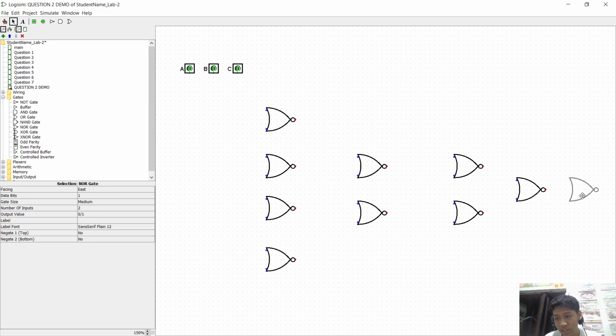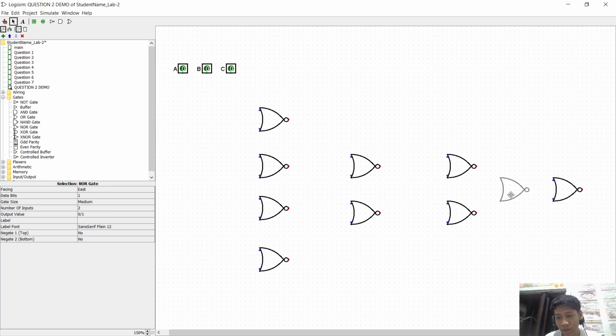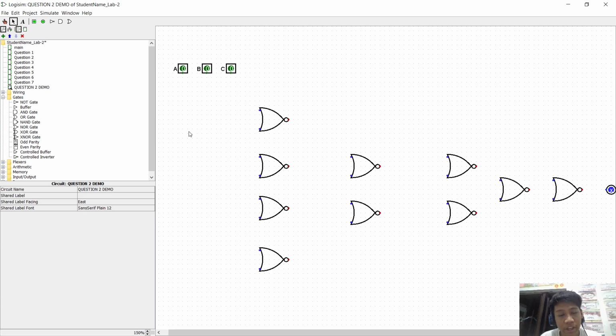I will adjust it here, and then we will be having an output here, and there you go. For the next step, we will be connecting the inputs.